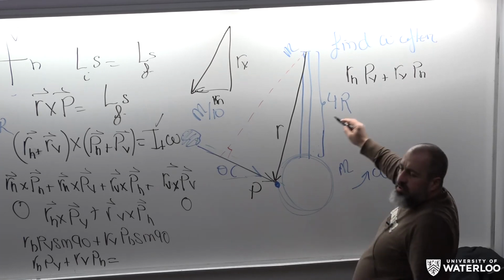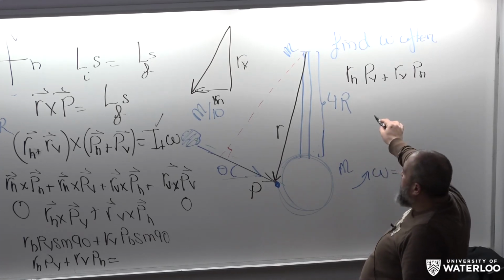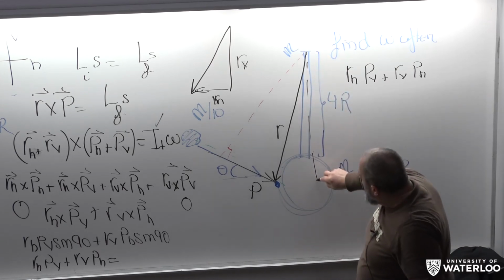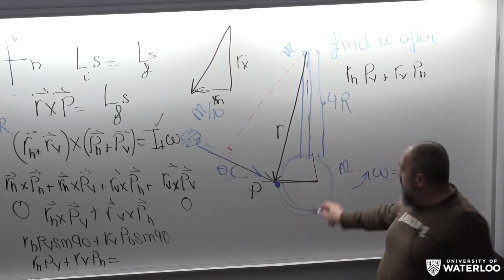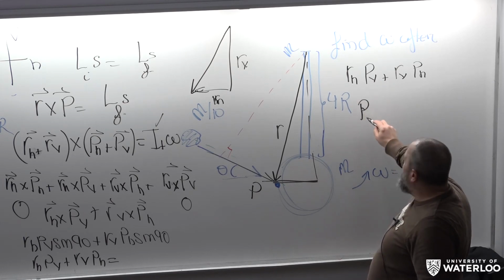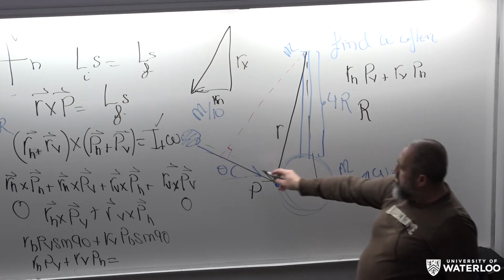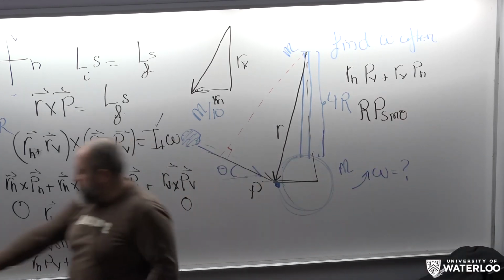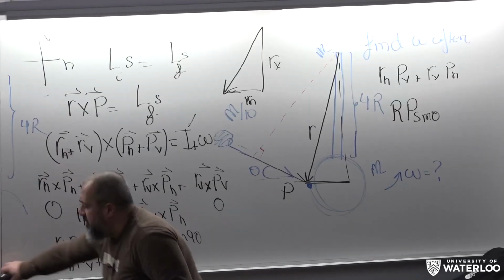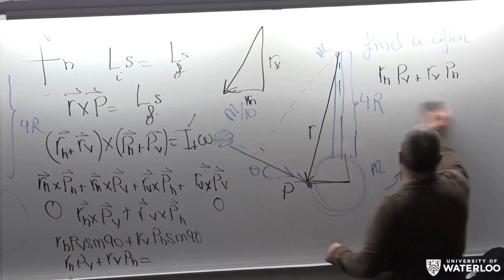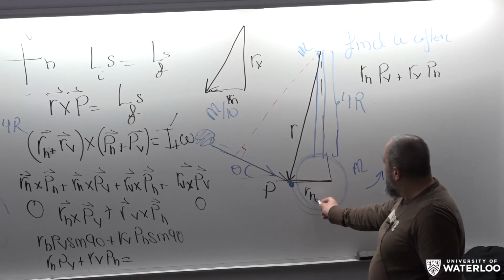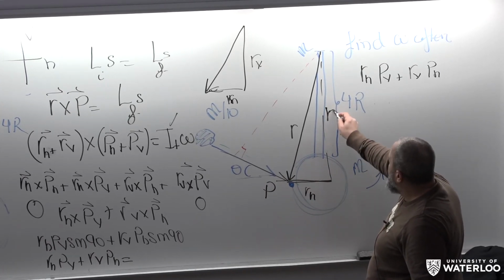What are these values? What is R horizontal? That component of R is what? R. So R times, what is P vertical? P sine theta. Or let me do MV. R horizontal is this guy. R vertical is this guy.